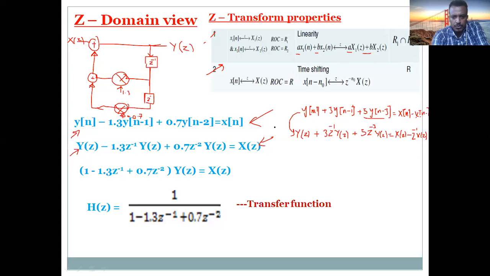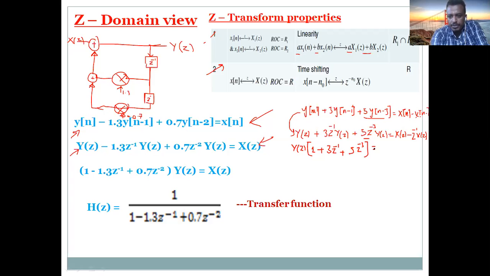Now, once you transform it into Z domain, take y of z common in this example. If you take y of z common, what do you get here? The coefficient of y of z is 1 plus 3 z to the power of minus 1 plus 5 z to the power of minus 3, right?